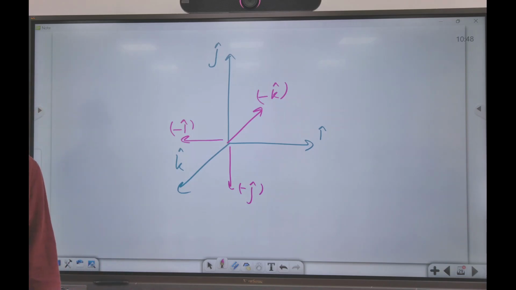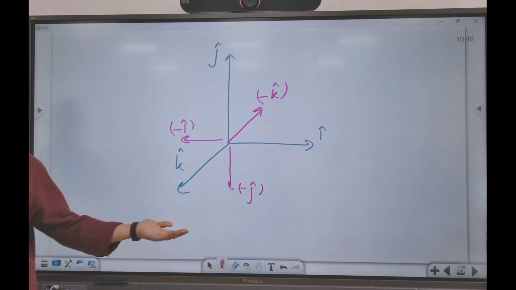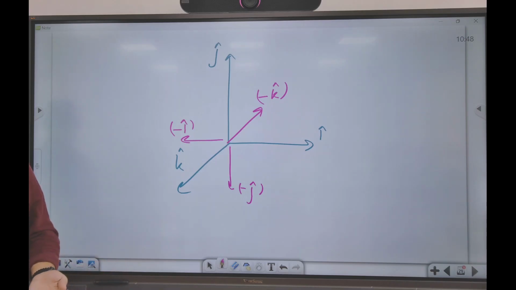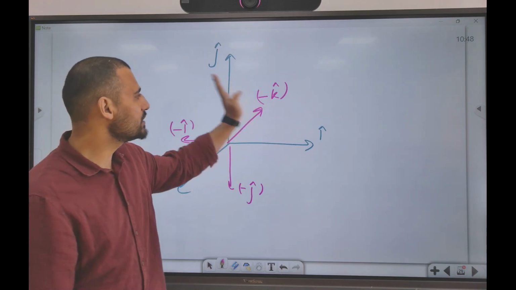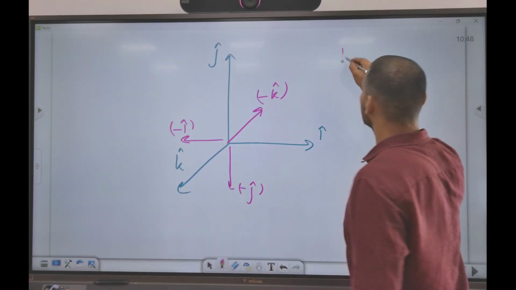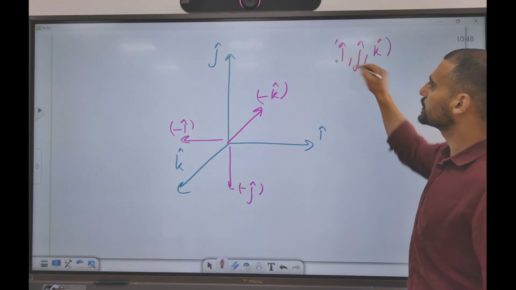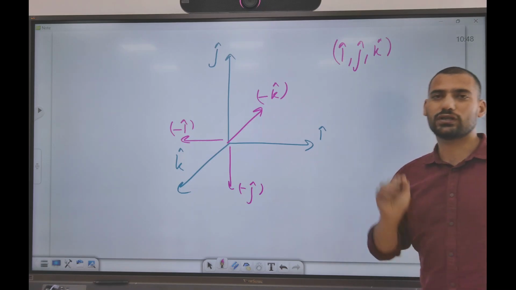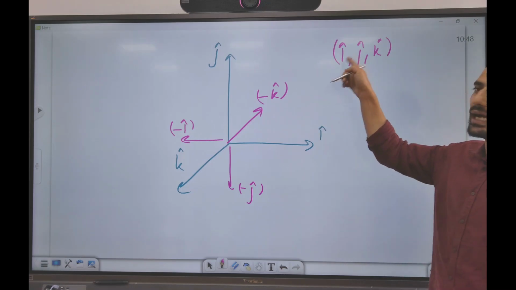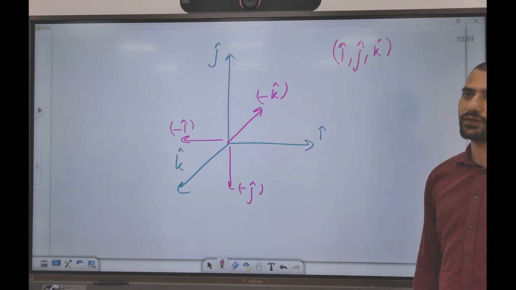The unit vectors along these directions. You know something about them? No? Okay, listen. These I, J, K, they are called as unit vectors. They are used to give directions. You don't write along x-axis. You just write I, it means it is along x-axis. Is that fine? Yes?